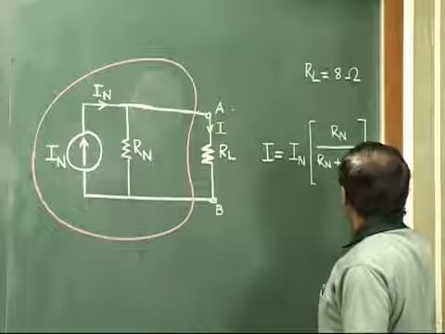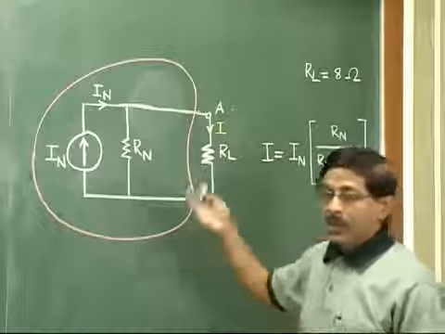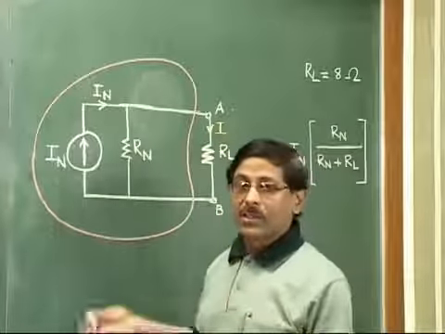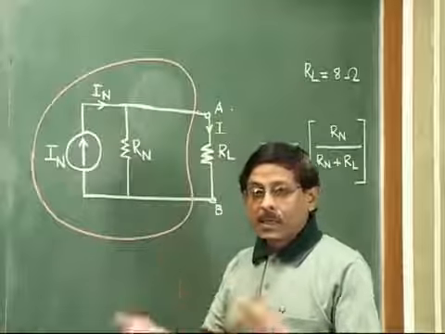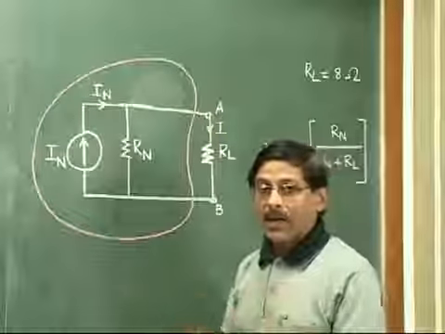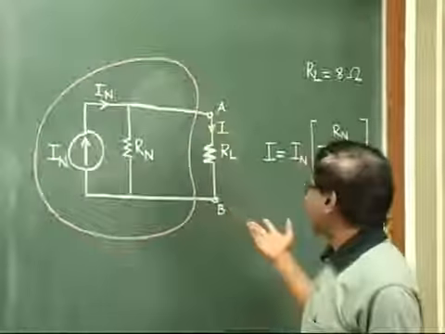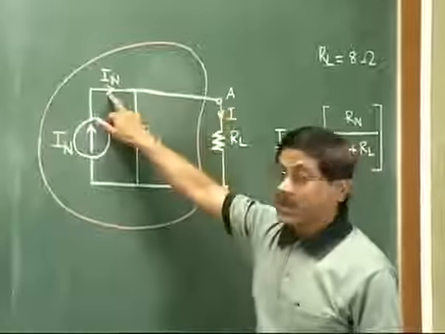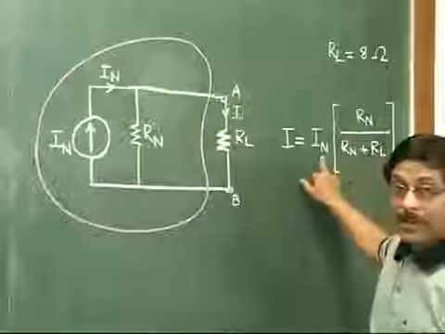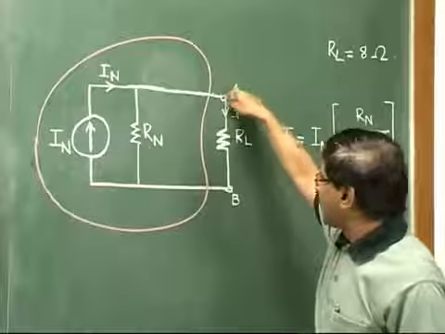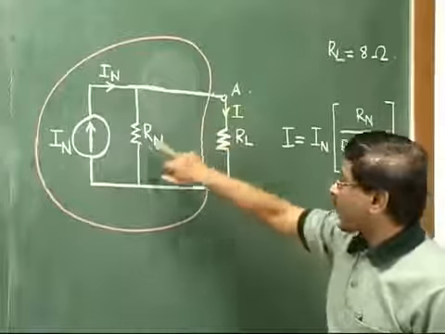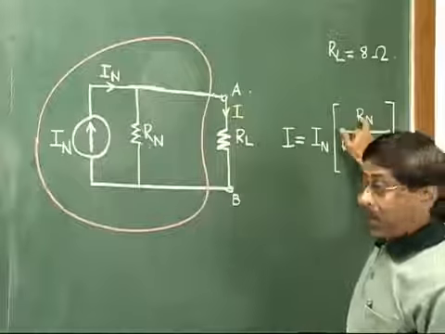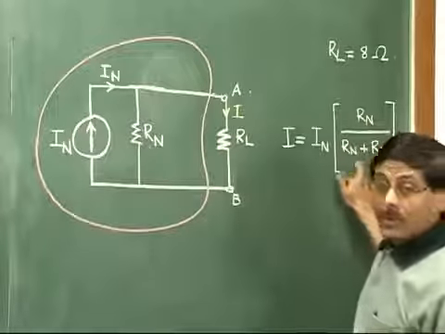Now this is a very fundamental thing that everybody learning the electrical engineering courses knows, what is the current distribution into 2 parallel resistances. It is simply like this. What is the total current coming towards the parallel combination? It is IN. So IN is written here. But if we want current in this resistor, then you take the other one in the numerator and the sum of the 2 in the denominator.